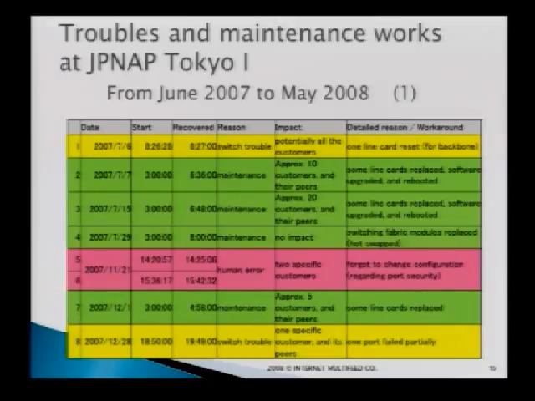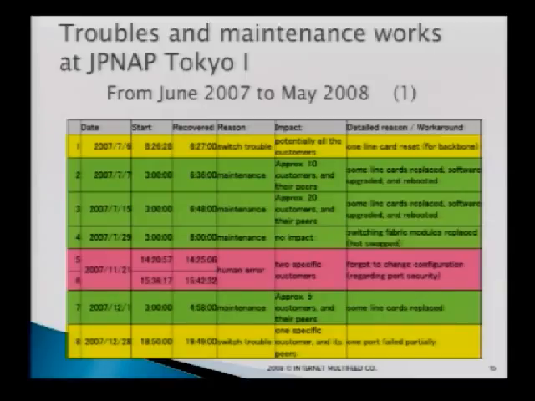And the green one shows the maintenance work, the yellow one shows a switch network trouble, and the red one is a human error. We sometimes made a misoperation.